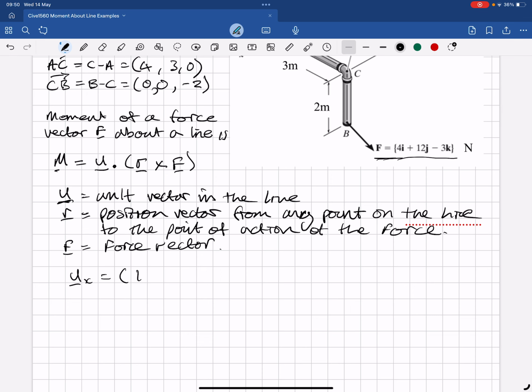The vector is simply 1, 0, 0. U in the y direction is equal simply 0, 1, 0, and u in the z direction is simply 0, 0, 1.